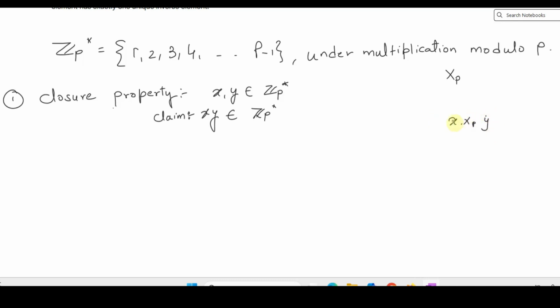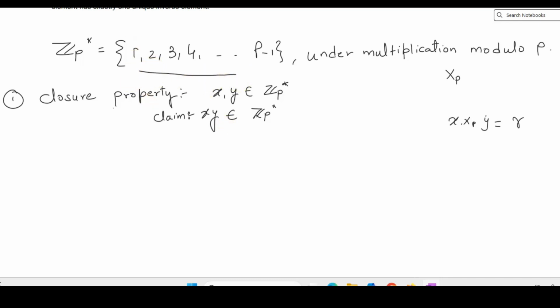So two elements we are taking, and what is the operation on them? I am multiplying both numbers and then dividing by p. Whatever is the remainder, that is the result. So if I am choosing any two elements x and y from this set and dividing their product by p, definitely the remainders will be from this set only.